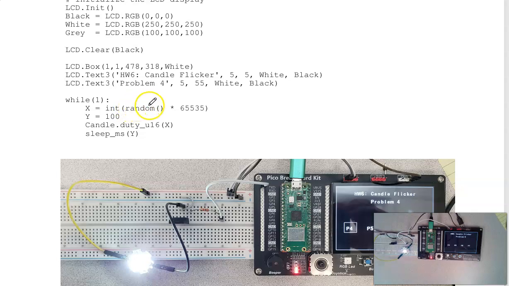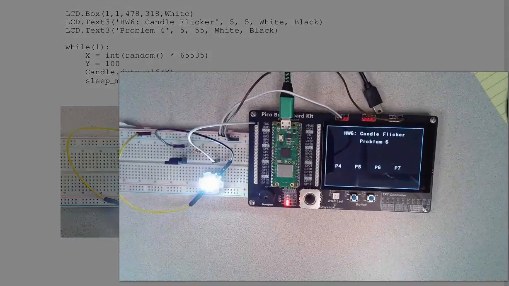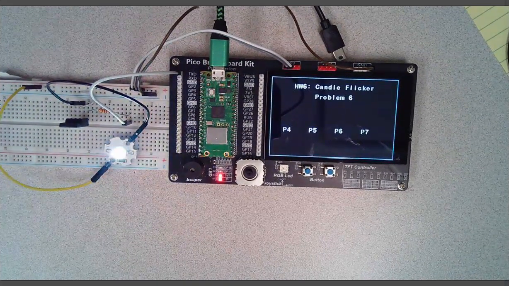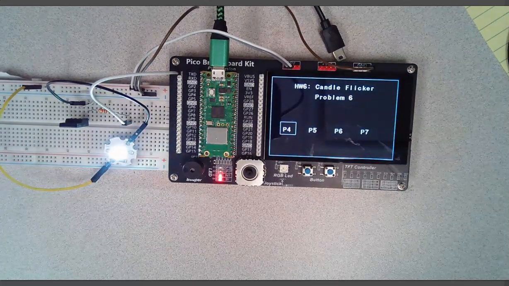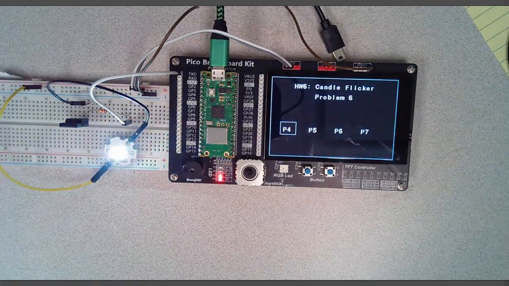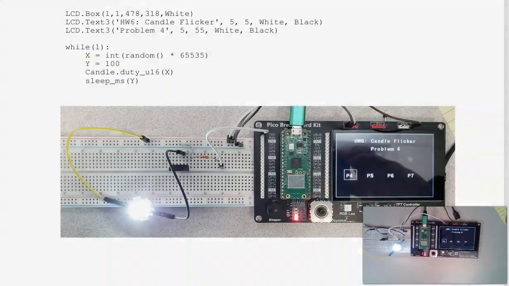I'll pick a random variable between 0 and 65,000, set that to the brightness, set the wait time, the sampling rate, to 100 milliseconds, and here's what that looks like. In my opinion, that's not quite a random candle flicker, but that's what this algorithm looks like.